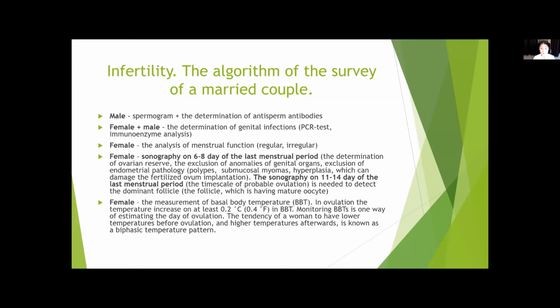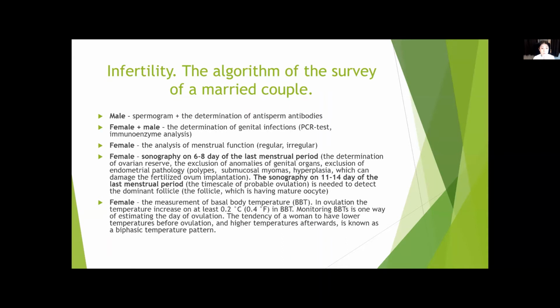The sonography on the 11th up to 14th day of the last menstrual period is the time scale of probable ovulation, needed to detect the dominant follicle, the follicle which has a mature ovum, oocyte. Female, the measurement of basal body temperature: in ovulation, the temperature increases by at least 0.2 up to 0.4 degrees Fahrenheit in BBT.